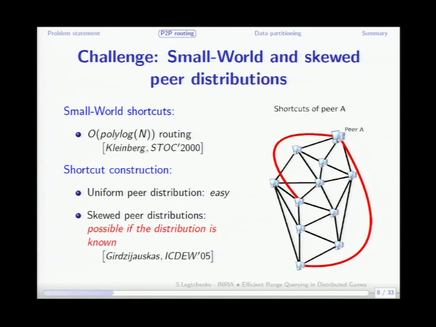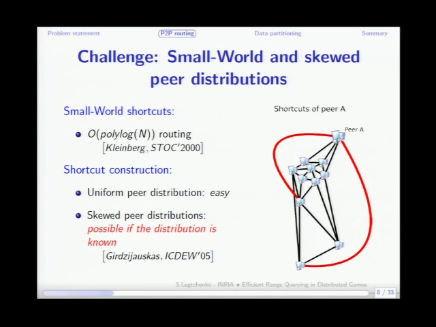There is basically a proof for that, but an intuition is that a player that is not aware of the distribution will miss some of the density hotspots while wiring its shortcuts. So for example, here, if we have a density zone, the shortcuts of the peer A will completely miss the density zone and therefore will not be a small world anymore.